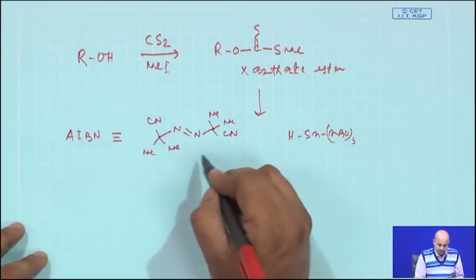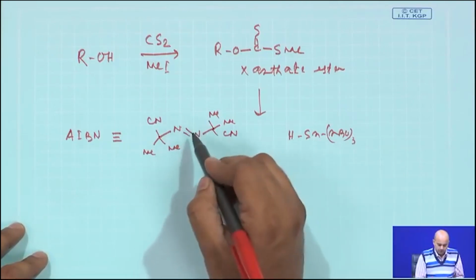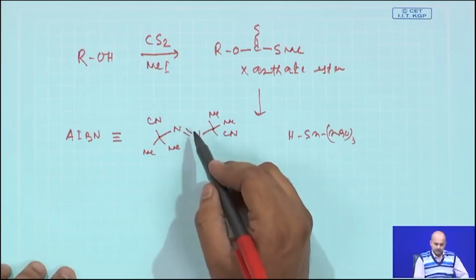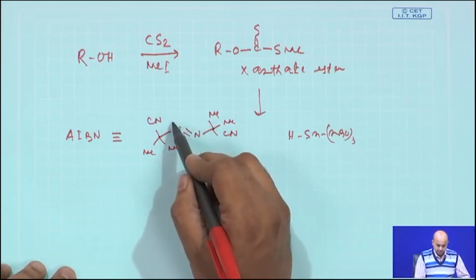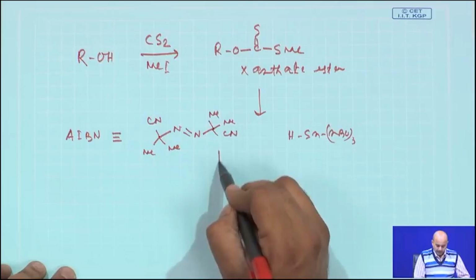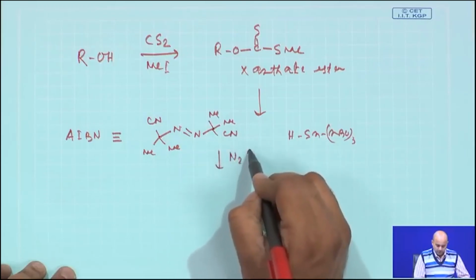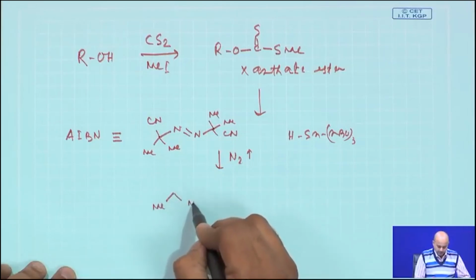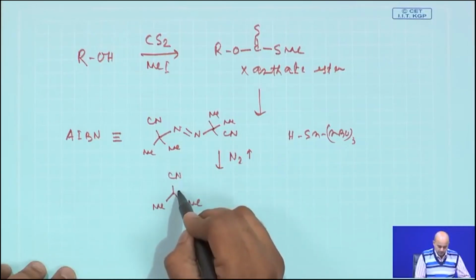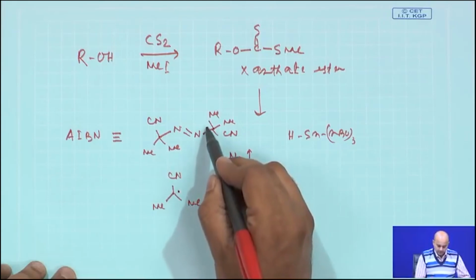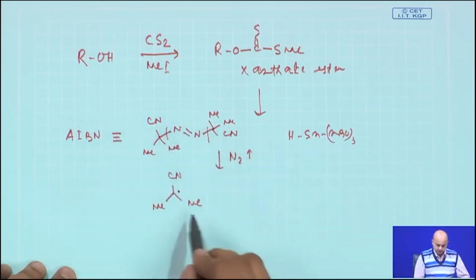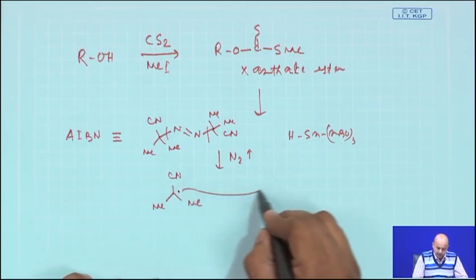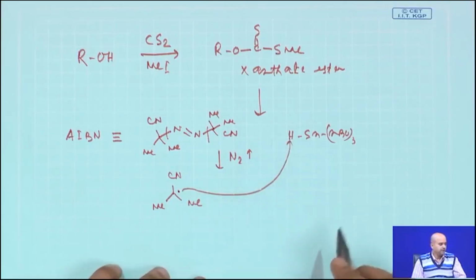Now, initially if you shine light on this molecule, the nitrogen bond basically opens up and nitrogen gas is evolved, and then you get this radical through a homolytic cleavage. You get this radical, basically this and this. Now, what does this radical do? It basically picks up the hydrogen from the Bu3SnH.